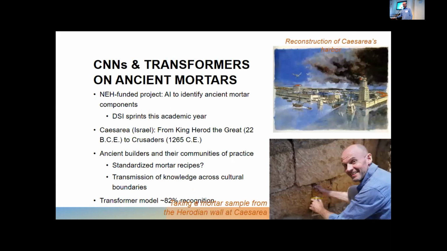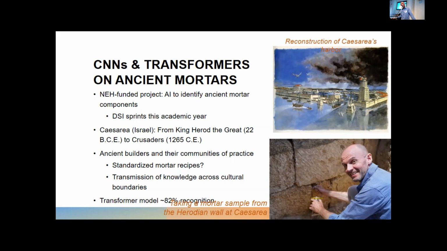Now, also to give you another idea of what I'm doing, again continuing the collaboration with the Data Science Institute, we obtained funding from the National Endowment for the Humanities to move beyond lithic microdebitage into ancient mortars. So in this specific case, we have a similar idea. Can we identify the different components that ancient builders used to build their buildings?